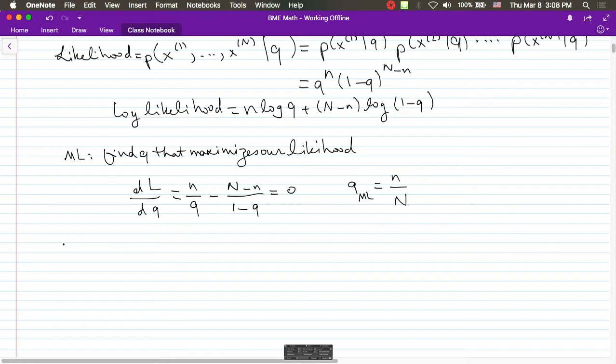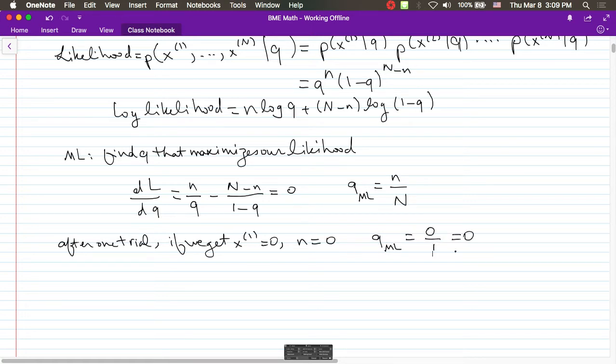So the problem is that after one trial, if we get x of 1 is equal to 0, then n is equal to 0. So we didn't get any 1s on our first trial. If that's the case, then my maximum likelihood estimate is 0 over 1, which is 0.